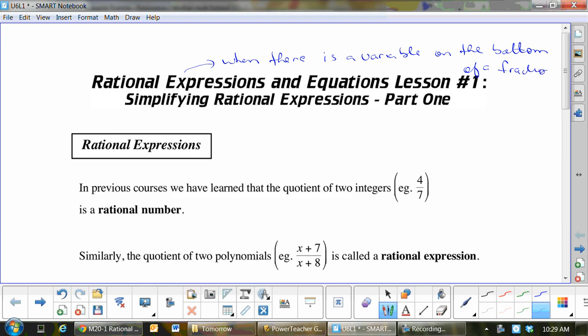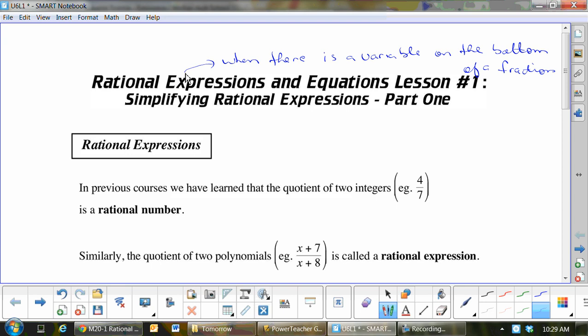I'm not even going to say the word denominator, okay? People even hear that one and they're like, oh crap, which one's the denominator? Okay, well, the bottom is. But if there is a variable on the bottom, that is a rational expression, okay?